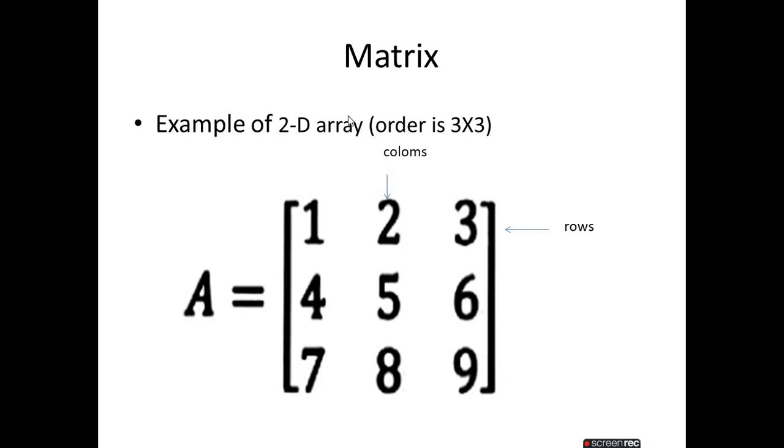And this is a column 0 element, column 1 element, column 2 element. Keep in mind that rows are horizontal and columns are vertical.